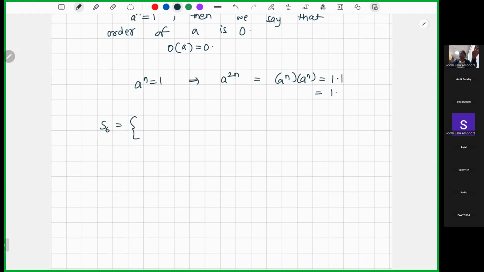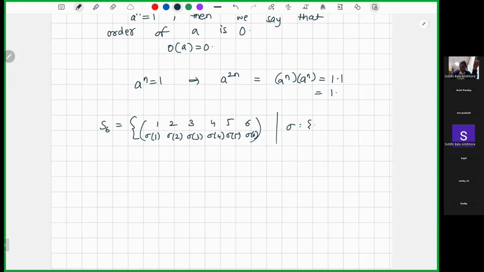So what can I say? It is of this form: sigma 1, sigma 2, sigma 3, sigma 4, sigma 5, sigma 6, such that sigma is a bijection from the set 1 to 6.